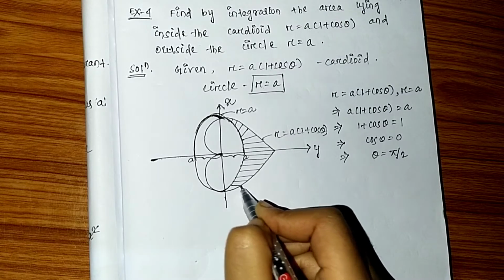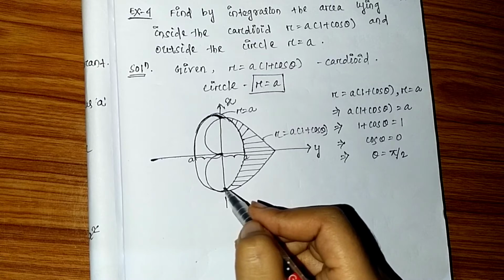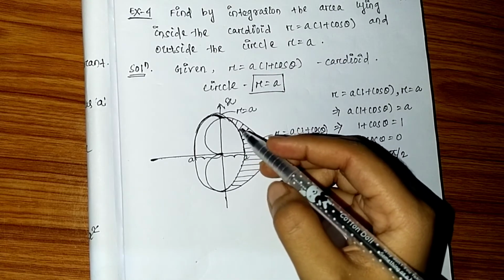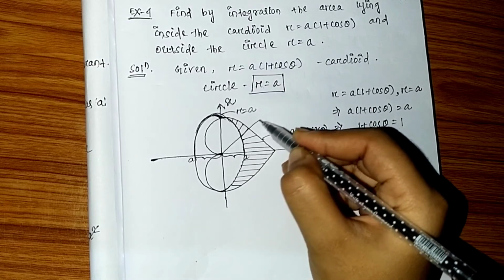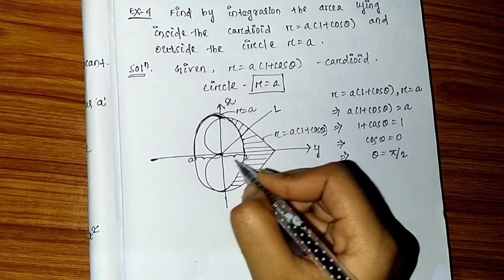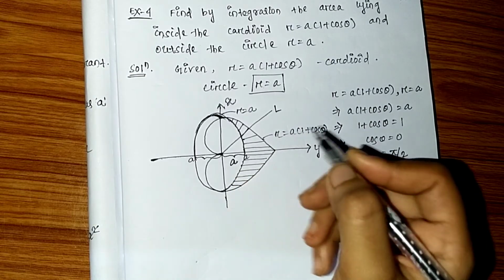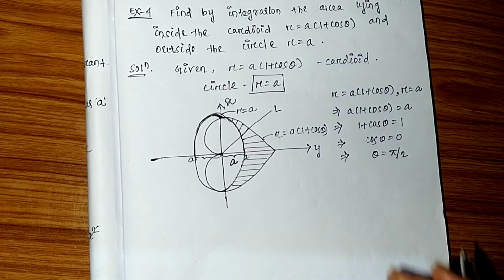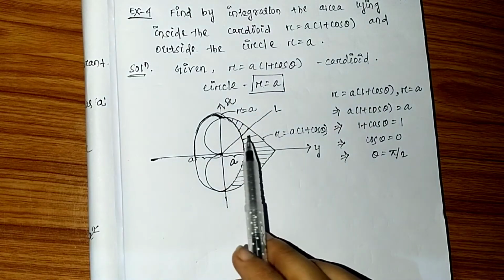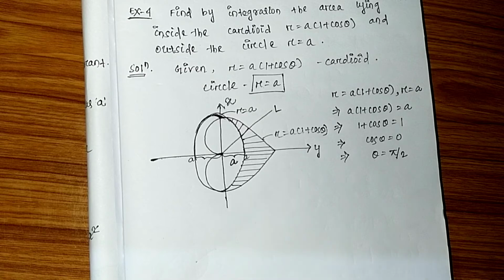For finding the region, first we draw a line, the line L, and here the radius is a. Next we find the area outside the circle and inside the cardioid.